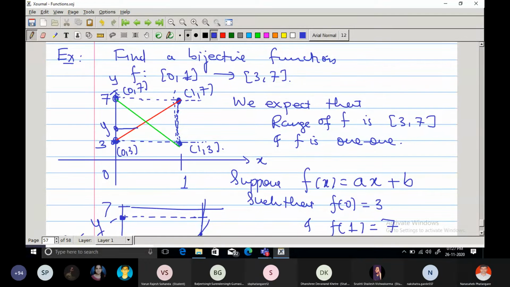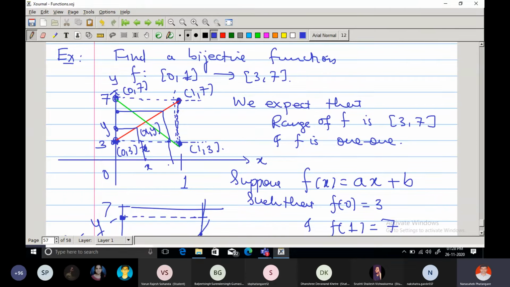Correct? Ultimately, the image of 0 is 3, the image of 1 is 7. If you choose another y, then we can produce x in the domain [0, 1]. Right?